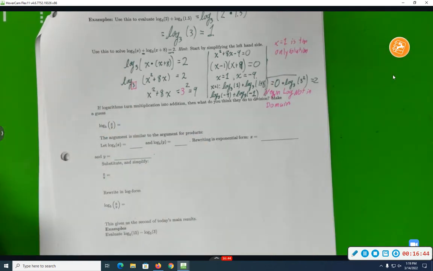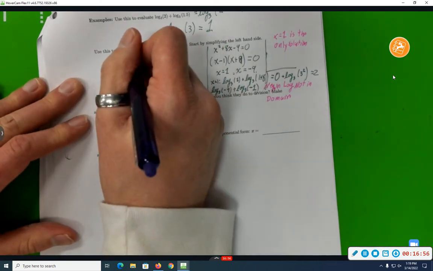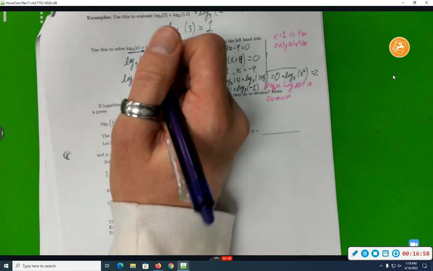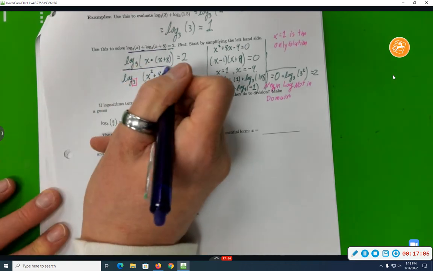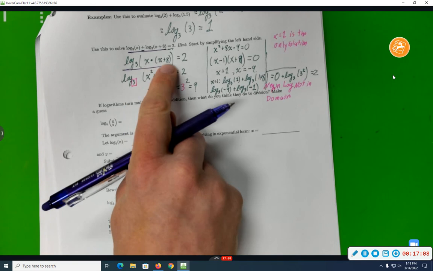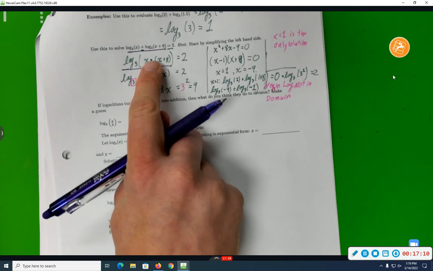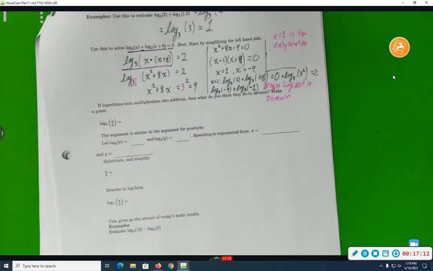And here is why. There have been lots of examples where we've seen that if you change a function by doing some algebra to it, you might accidentally change the domain. That's exactly what happened here. If you try to plug in x equals -9, you get 2 negatives inside of a log. But if you do this algebraic manipulation, you get a negative times a negative, which is positive. This has a bigger domain than the original problem.